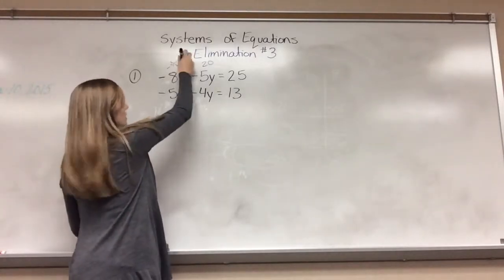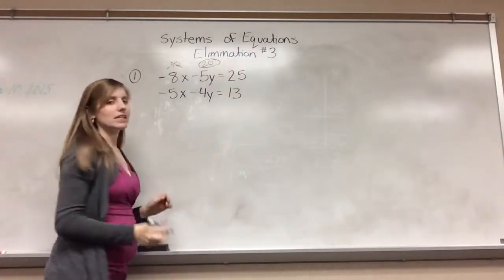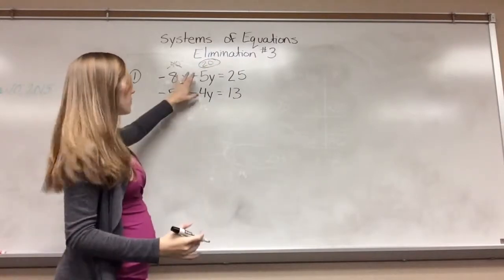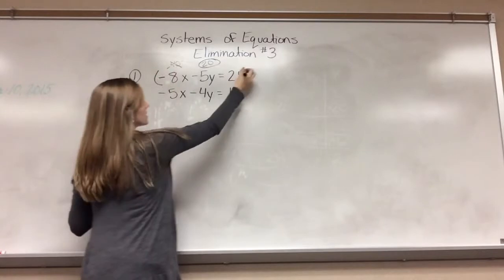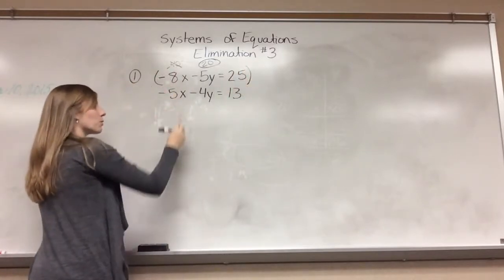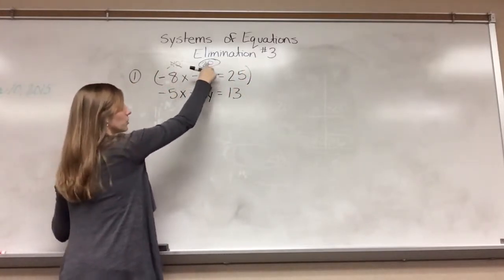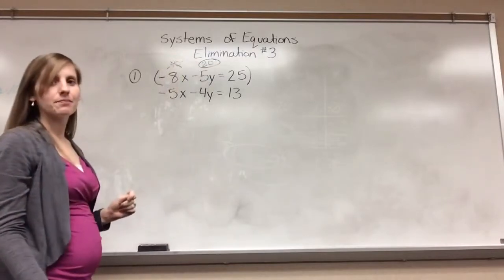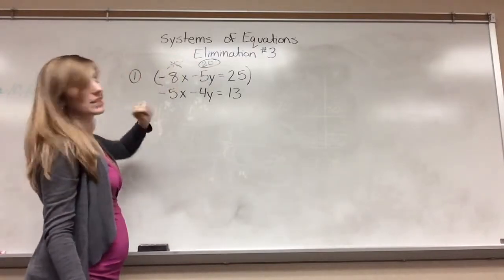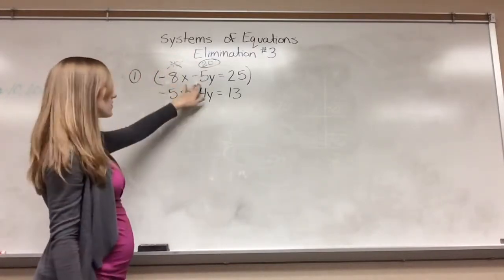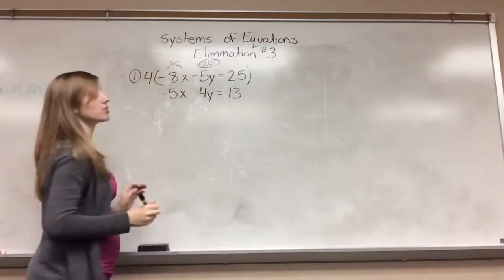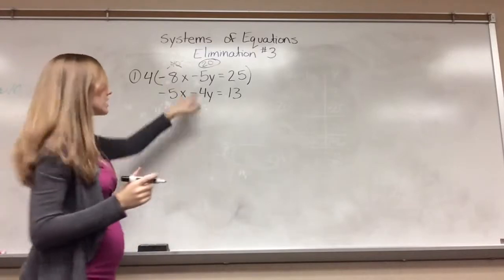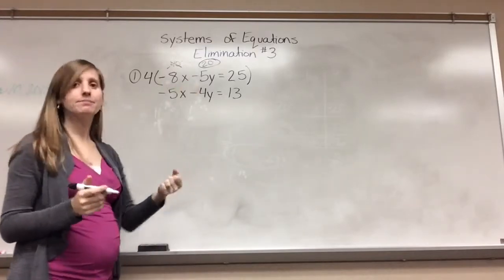So here's what I'm going to do. 20 is my goal. That's what I want both of these to become. So I have to think to myself, what number, when I multiply it by 5, will give me 20? The answer is 4. 4 times 5 would give me 20. So I'm going to multiply this first equation by 4 so that my y term becomes 20.